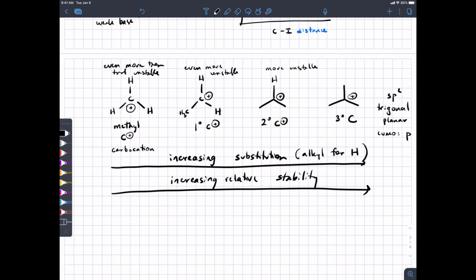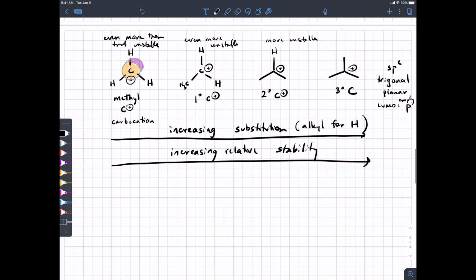All of these carbon-carbon and carbon-hydrogen bonds are in the plane of the page. If we were to draw this empty p orbital, one lobe of the p orbital would be coming out towards us, and another lobe would be going back into the page away from us.